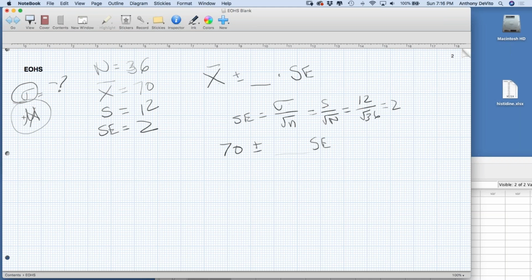It represents a number of standard deviations above and below. So we want to find the range which represents two standard errors, two standard deviations below the mean that we're predicting and above the mean that we're predicting.